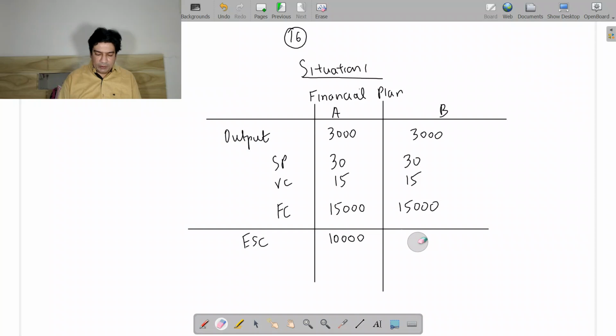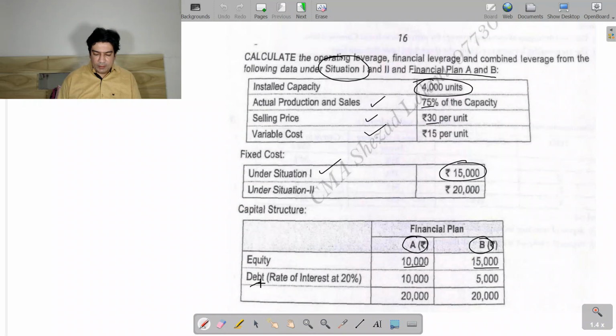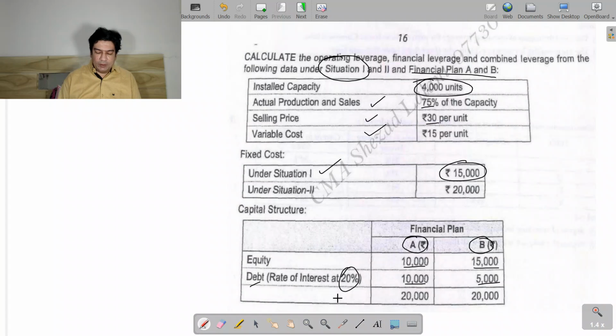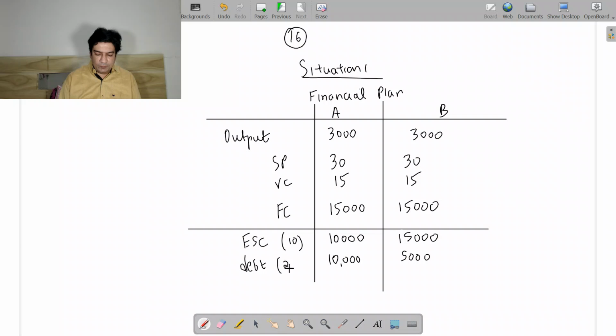If they don't mention the rate, that is the face value, you have to assume it to be 10. Then debt is 10,000 and 5,000, and the rate of interest is 20%.